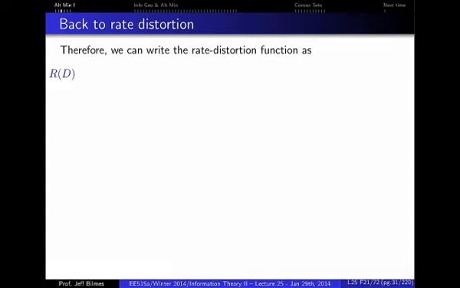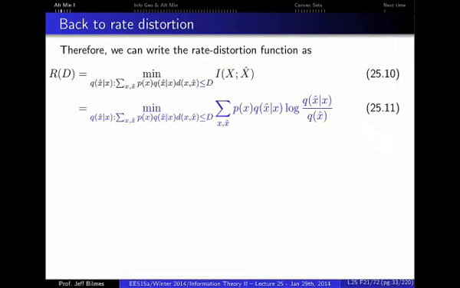But here's an interesting way then. Let's use this theorem now. Here's an interesting way of writing the rate-distortion function. We've got the rate-distortion function, and here's its definition, right? Let's just expand out the mutual information using its definition.